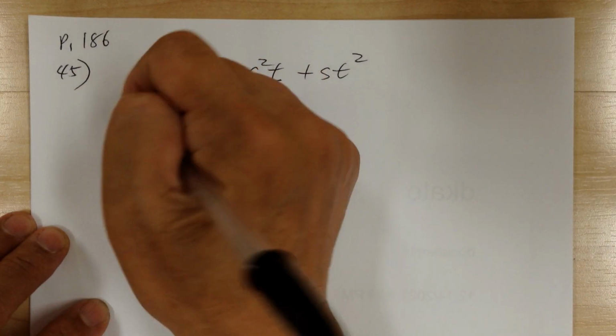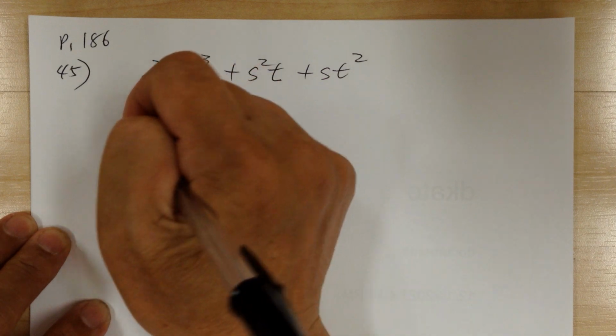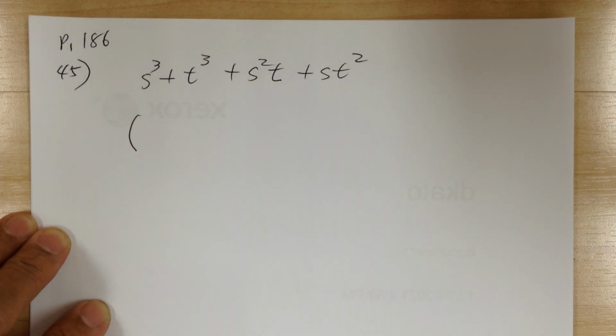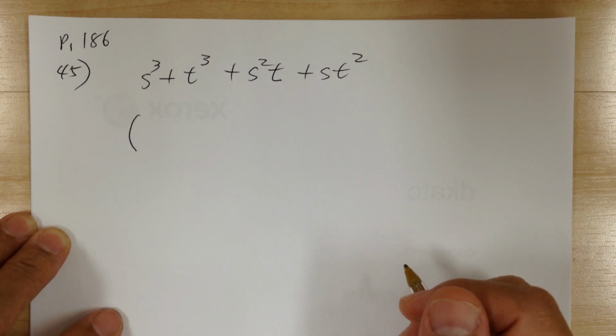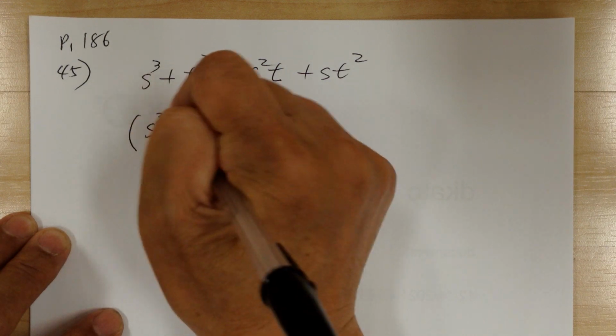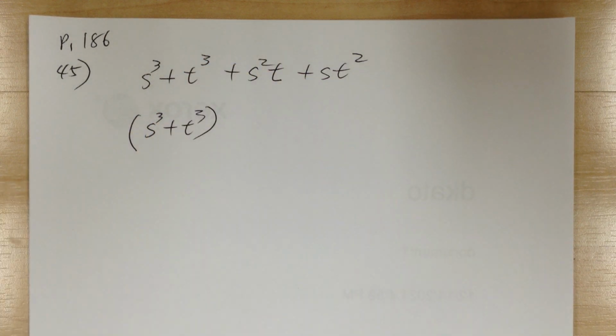Again, try not to rearrange. You rearrange the terms only if it's something that you know exactly what to do, or something that's obvious. If you're not sure, just leave the same order. So you get s to the 3 plus t to the 3, and then you put a plus between the groups.